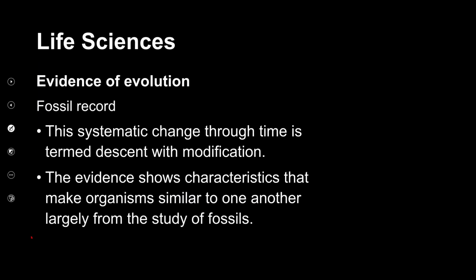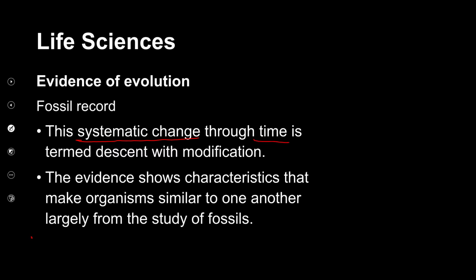All right, so the fossil record shows us a systematic change. As I said on the previous slide where I showed you the different layers of fossils, it's a systematic change that has taken place through time. So it didn't just happen.